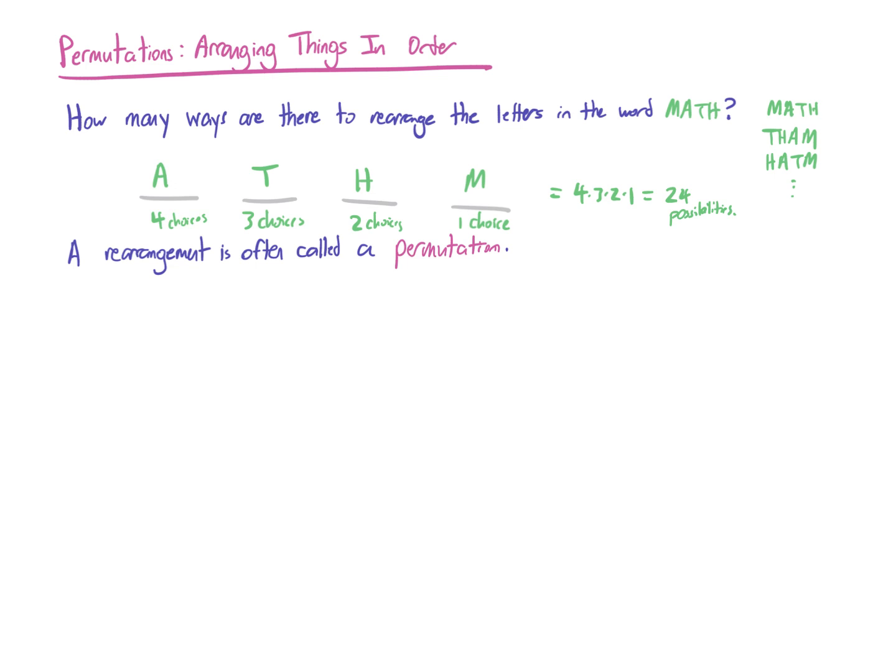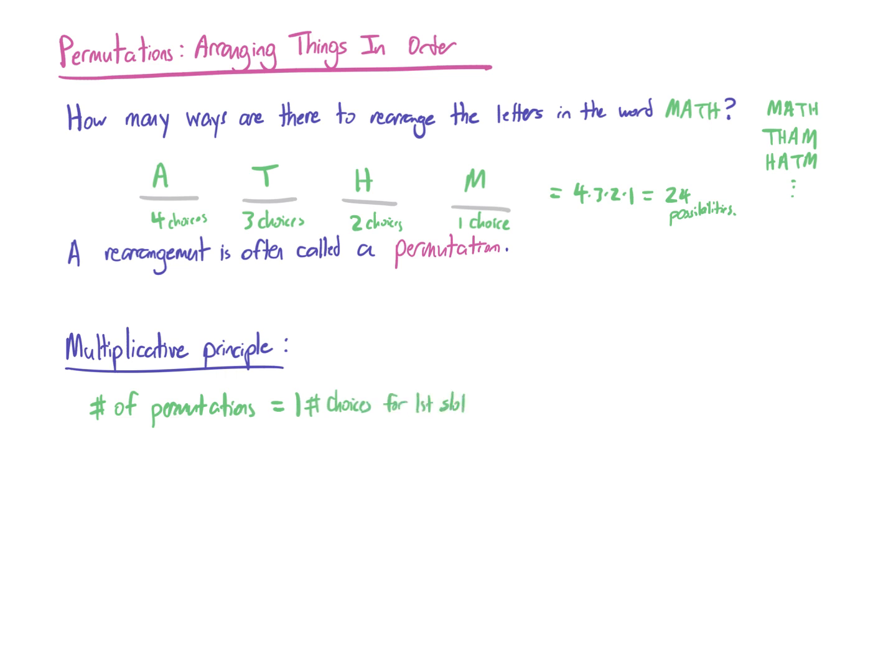And formally, what I just said in words, we often use this multiplicative principle in order to say that the number of permutations is equal to the number of choices for the first slot, put a little parentheses here, times the number of choices for the second slot, and so on until we get to the last slot.